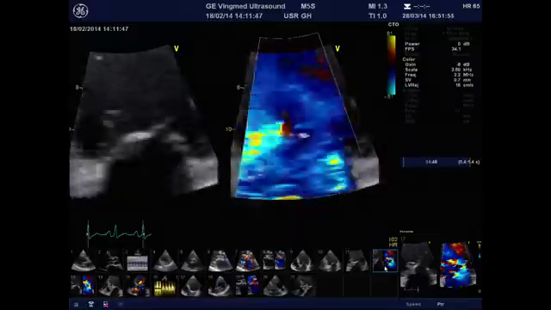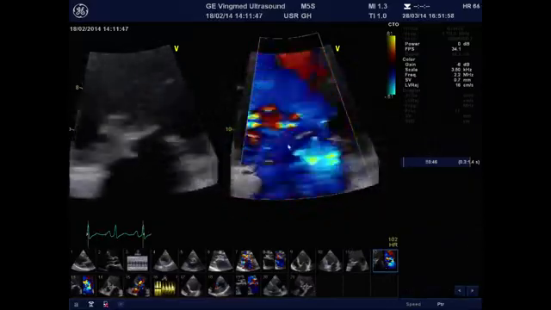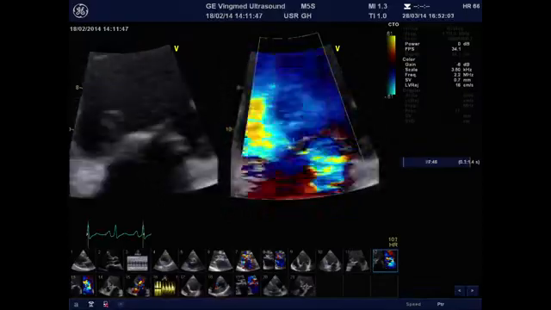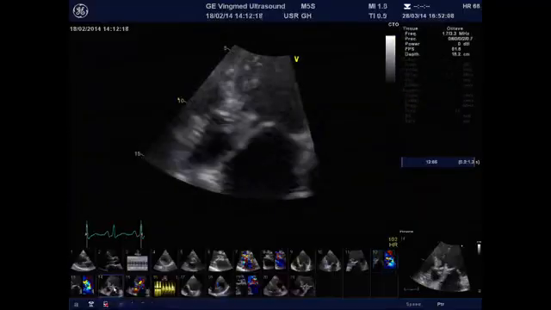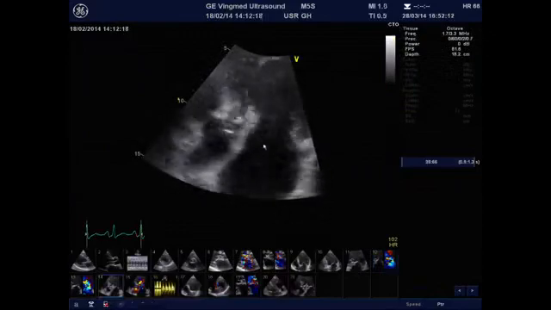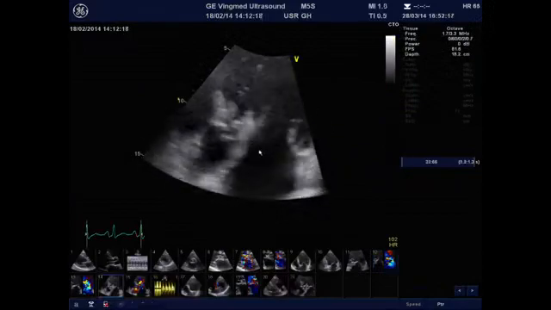And if we look with color Doppler in this case, we can see that there is in fact one very important and severe complication of infective endocarditis, which is mitral valve perforation. And we can also look at this perforation here, if you look in more detail at the appearance of the anterior mitral valve.